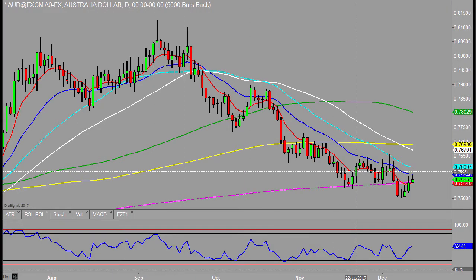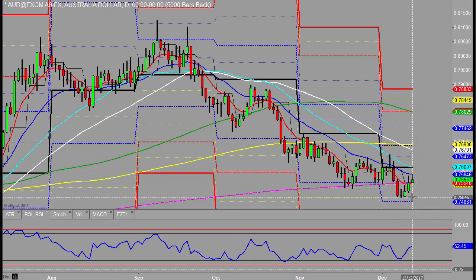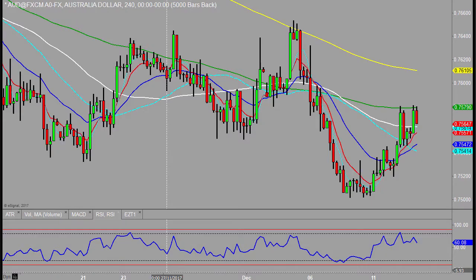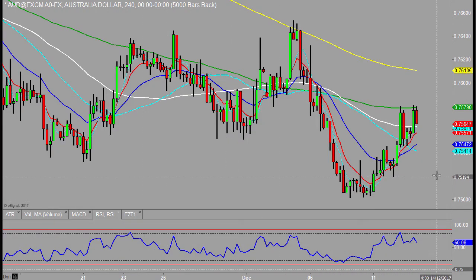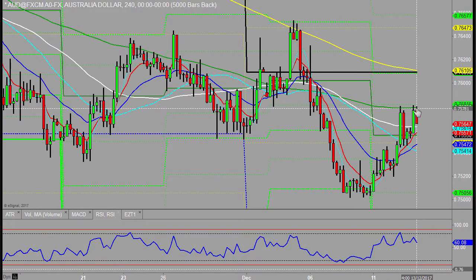Okay, Aussie dollar. Well, it seems to be one of the stronger currencies against the US dollar. As I said yesterday, there seems to be lots of bullish sentiment on it. However, it's not really moving much in the way of pips, but it is still moving. There is a bit of divergence off these 4 hourlies that we're seeing at the moment, off these highs here.